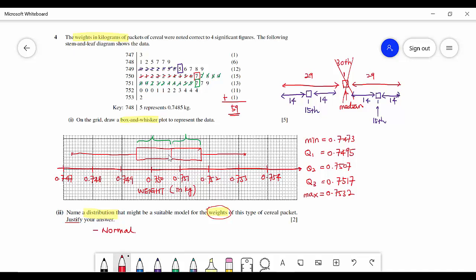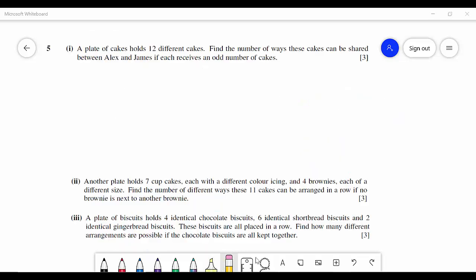So what is the reason that can justify our answer? You can say that the box and whisker plot that we drew looks symmetric. Okay, so this is actually the answer for distribution, and the second one is given for the justification. So you can just call it symmetry. So this is what we have for question number 4.